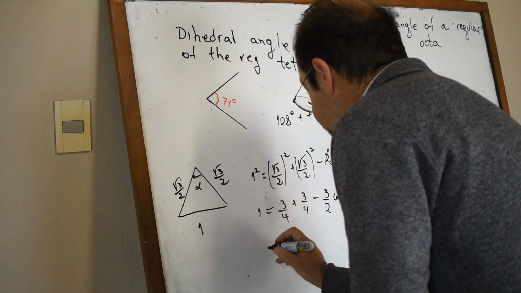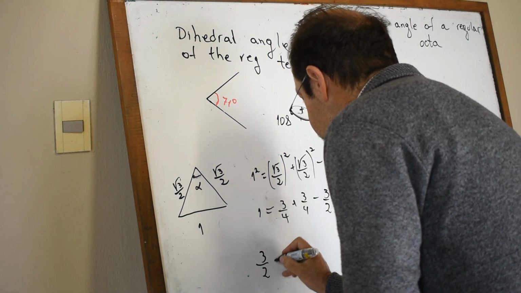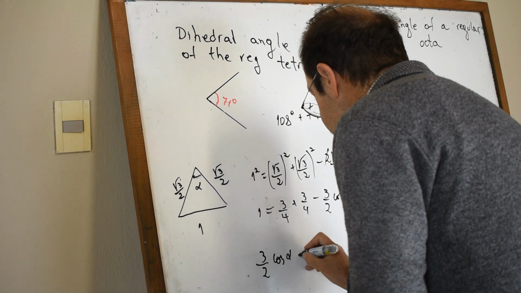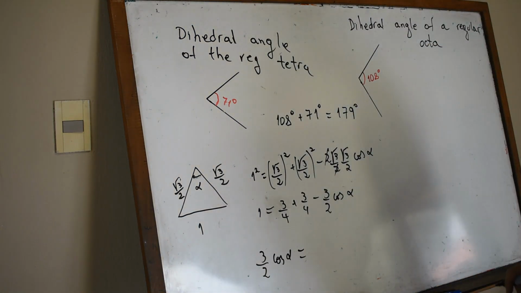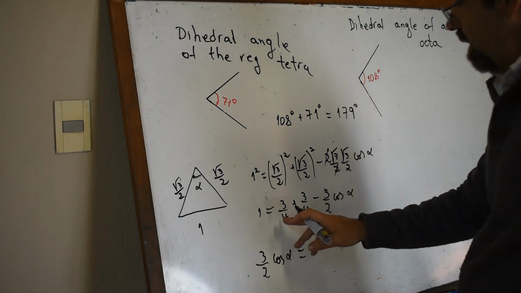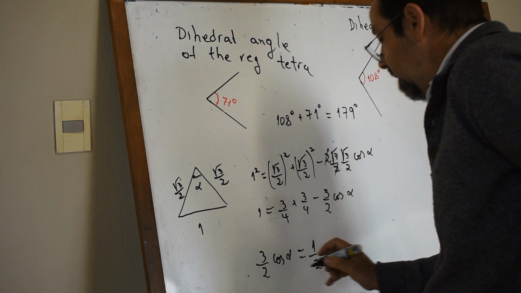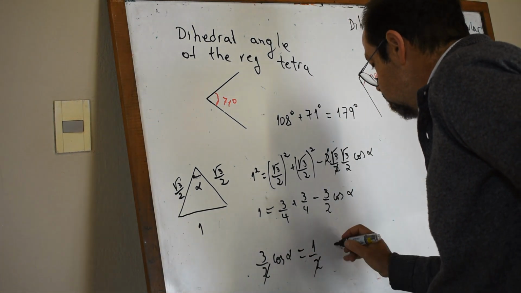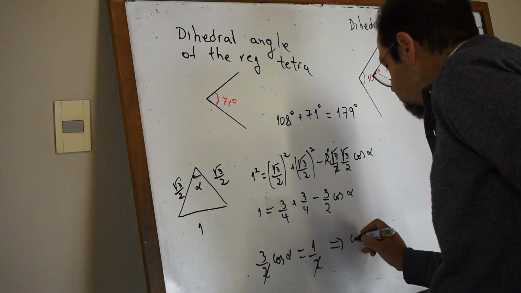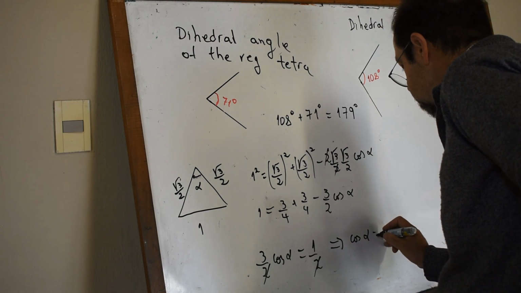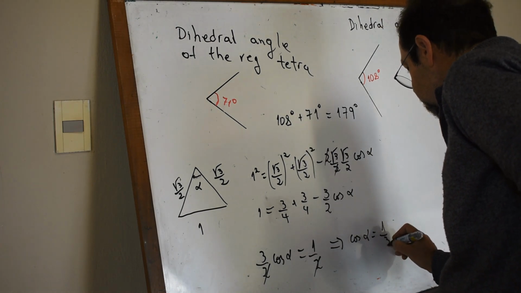So 3 halves of cosine of alpha is equal to 1.5 minus 1, which is 1/2. So I can cancel the 2, and cosine of alpha is 1/3.